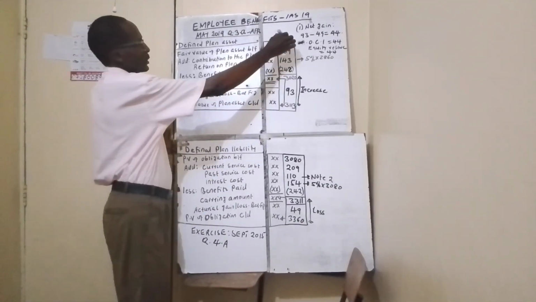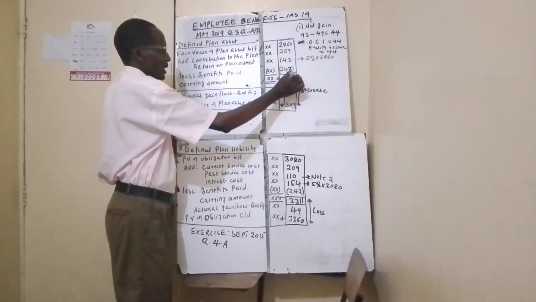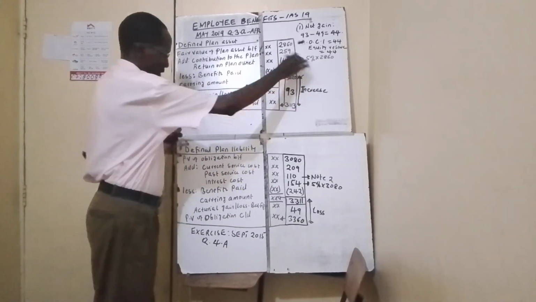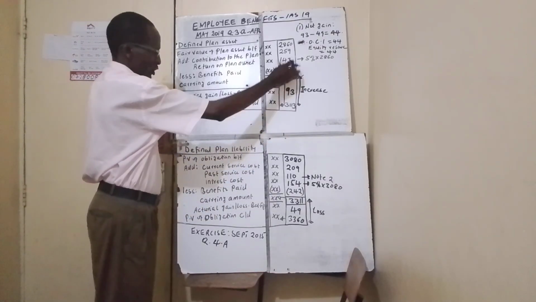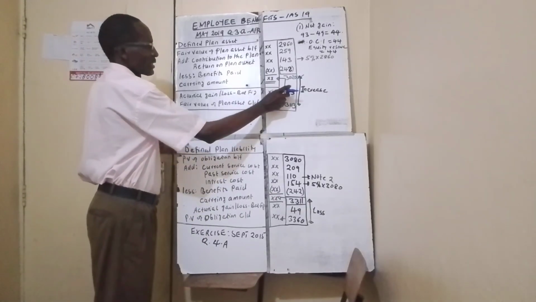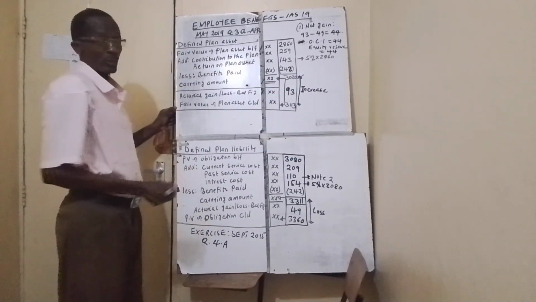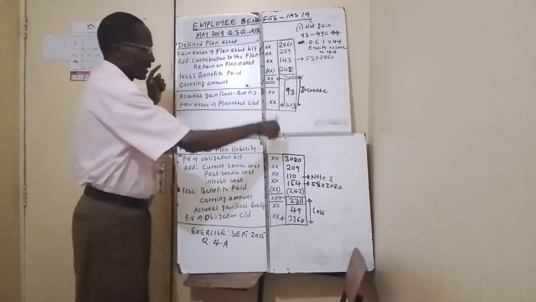We have said that we know how to calculate these figures up to here, the carrying amount. Once you have this carrying amount, you are given the fair value of plan asset by the end. Check whether it is an increase or decrease. If it is an increase, remember this is the balancing figure. You are comparing the carrying amount which you have calculated with the fair value of plan asset by the end.